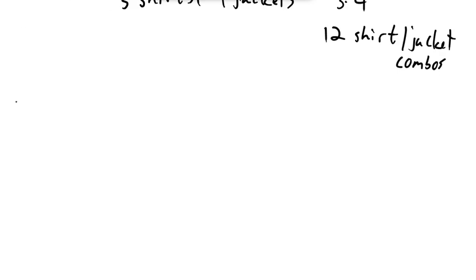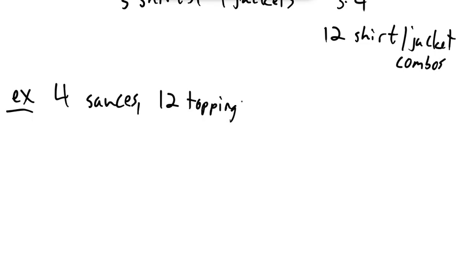Let's say you are creating a pizza. For the pizza, you have 4 different types of sauces, and there's a total of 12 different toppings. So how many one-topping pizzas can you make?